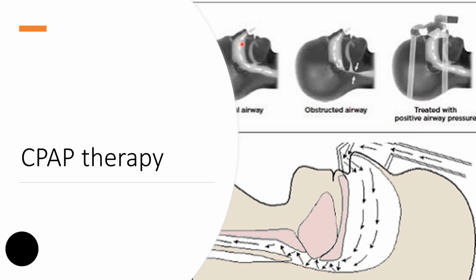So looking at these pictures, we've got an open airway here, we've got an obstructed airway here, and then when they're wearing the mask, the pressure of the air is keeping that airway nice and open, so that you don't need to keep waking up to get breathing again. So you should have a much better quality of sleep, and also we're protecting the body from that repetitive dropping of the oxygen levels.